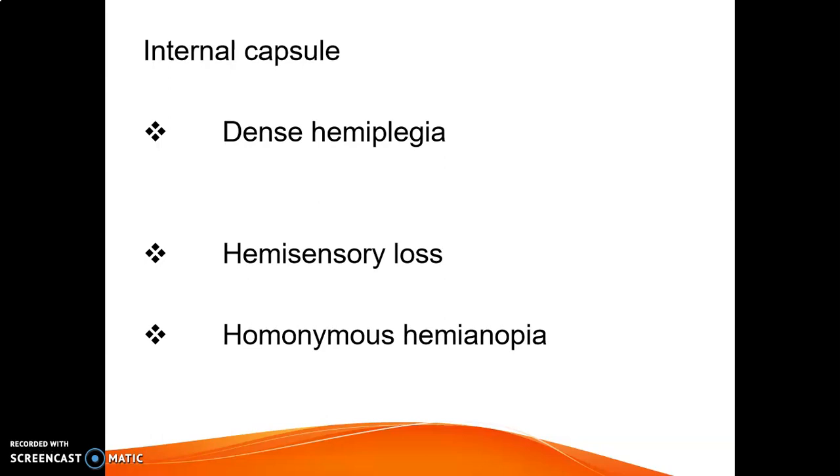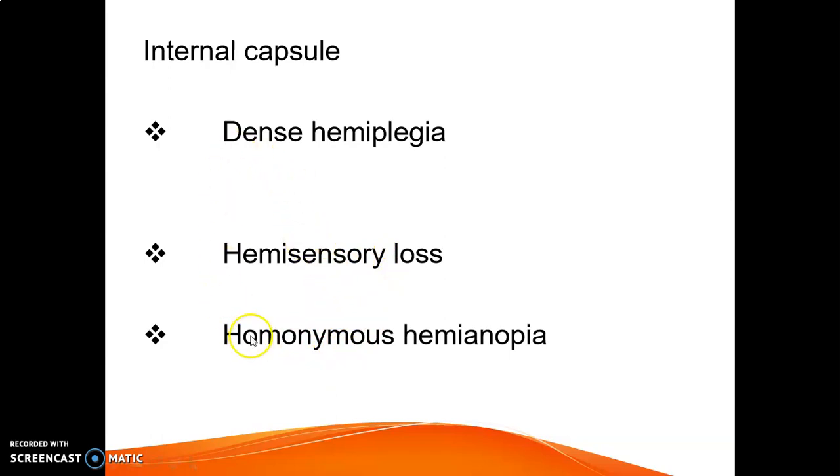The sensory area is also very adjacent, so hemisensory loss may be there. The internal capsule also has the optic pathway, the optic tracts are present in this area also. So that may lead to homonymous hemianopia.